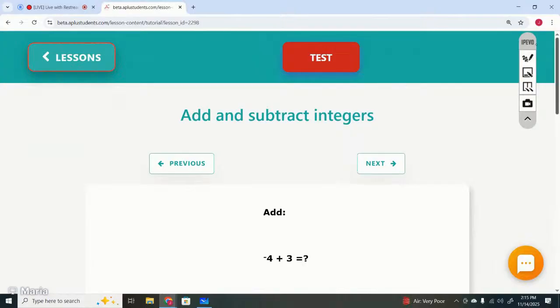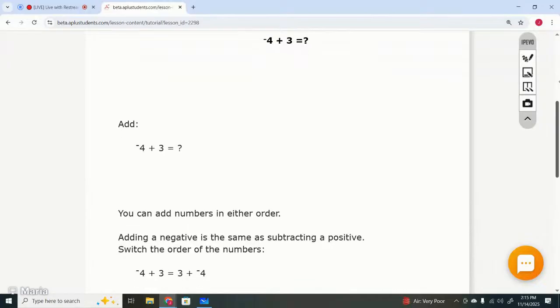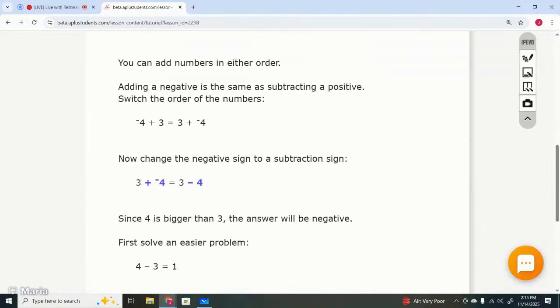Add negative 4 plus 3. So 4 is the greater number with a greater magnitude, right? So the answer must be negative. 3 minus 4 equals -1. That is -1, right?